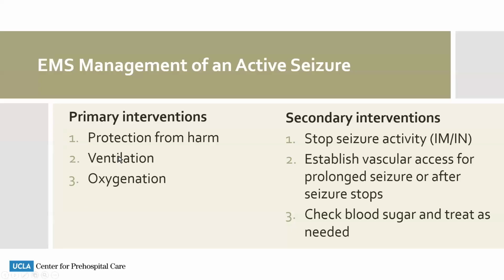So what do I do? First thing is safety, right? Got to keep my patient safe so he doesn't fall, hit himself on something hard or whatever. So I'm going to protect my patient. I'm not going to hold him because I can't stop that seizure, but I'm going to make sure he's in a safe place.